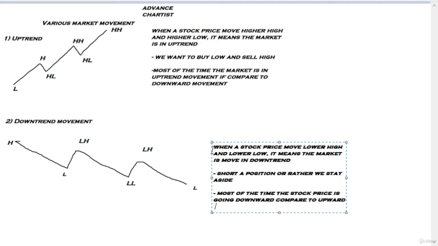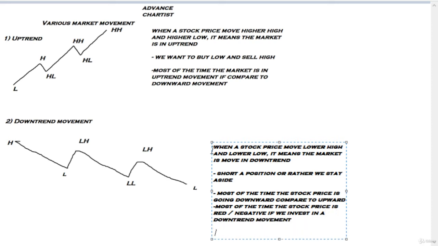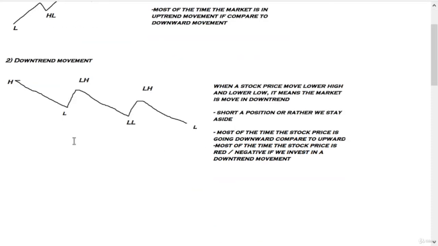If we try to buy low and sell high during a downtrend market, we might find that most of the time the stock price is red, or negative, if we invest in a downtrend movement. So that's why we don't want to invest during a downtrend movement.